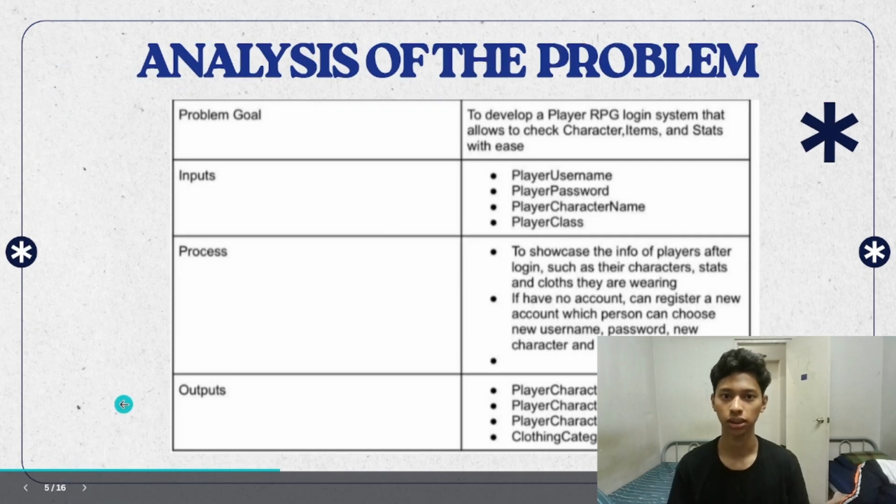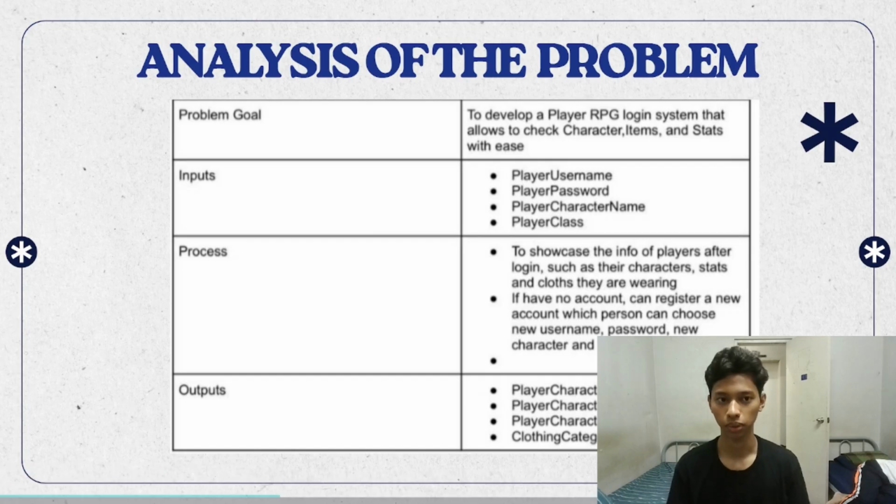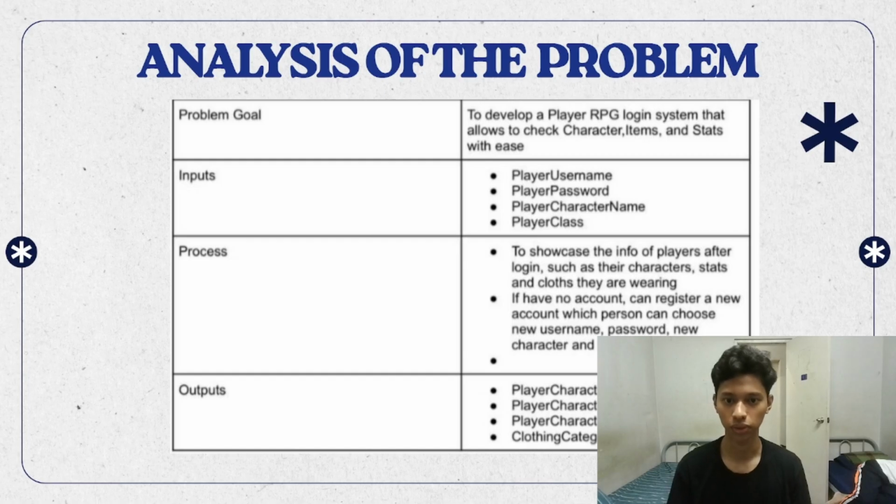So from the analysis of the problem, our goal is to develop a player RPG login system that allows players to check characters, items, and stats with ease. Second, inputs that contain player username, player password, player character's name, and player class.